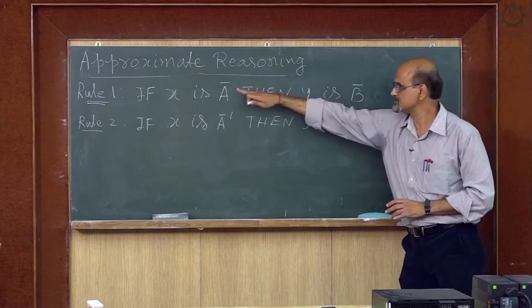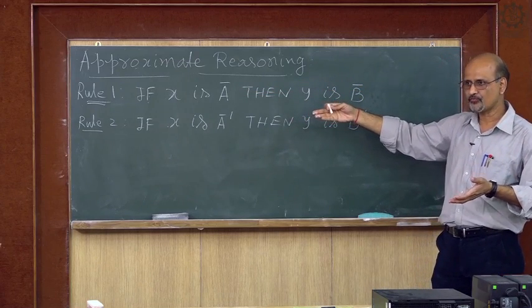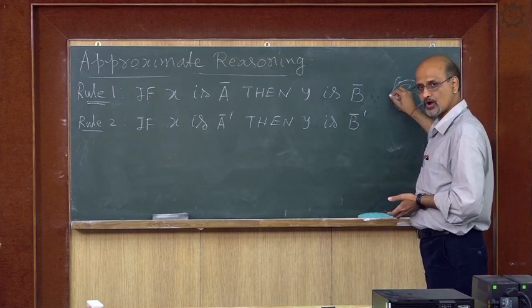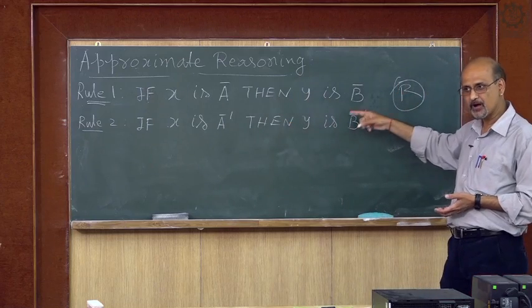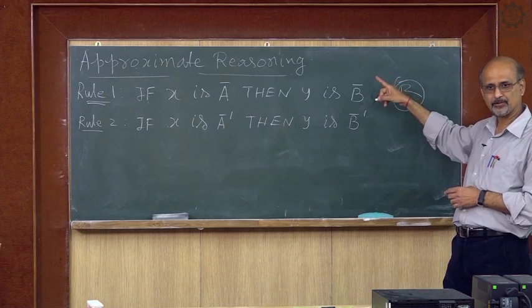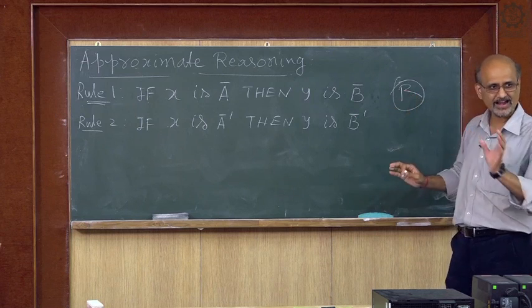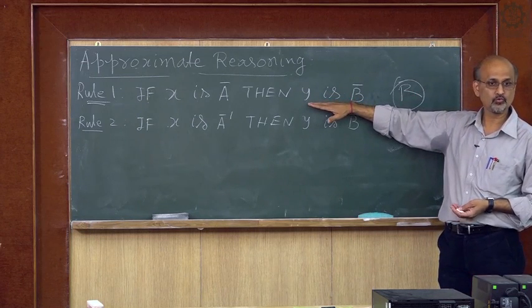How do you find this? By relation R bar, that you know how to find. R bar will be A bar cross B bar union A bar complement cross Y bar. That is the relation matrix for rule 1.